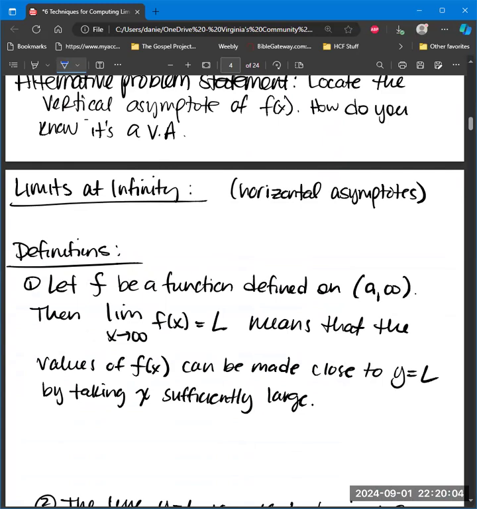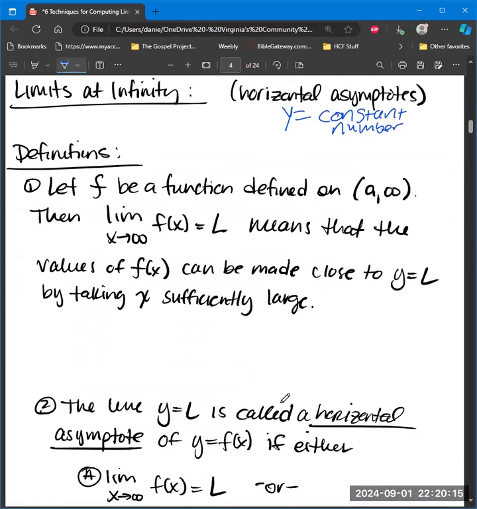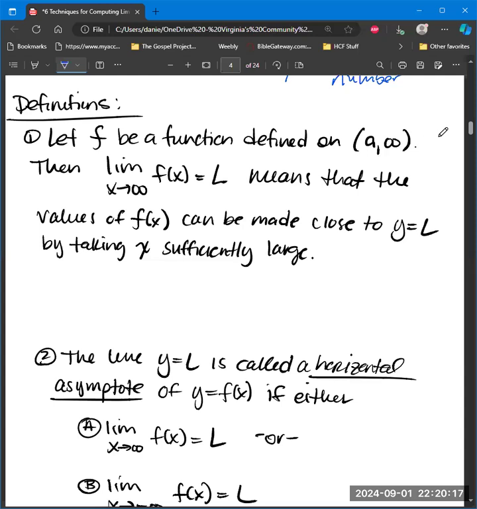Horizontal asymptotes, y equals a constant number, is what we're going for here. So let f be a function defined on the open interval of a to infinity. Then the limit as x goes to infinity of f of x equals L means that the values of f of x can be made close to y equals L by making x sufficiently large.